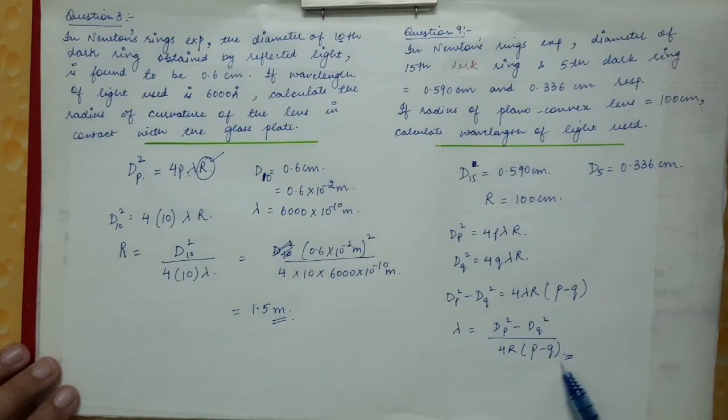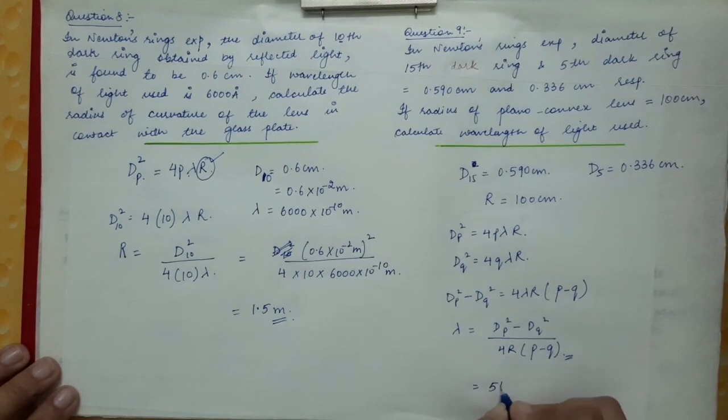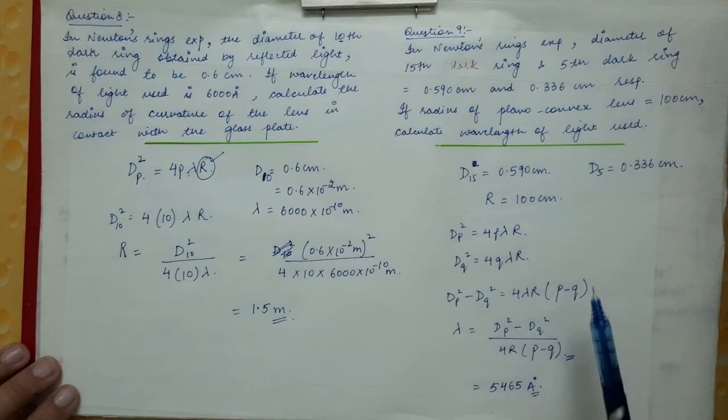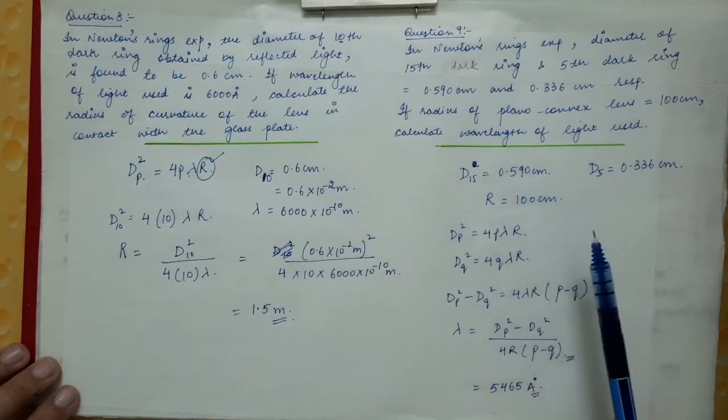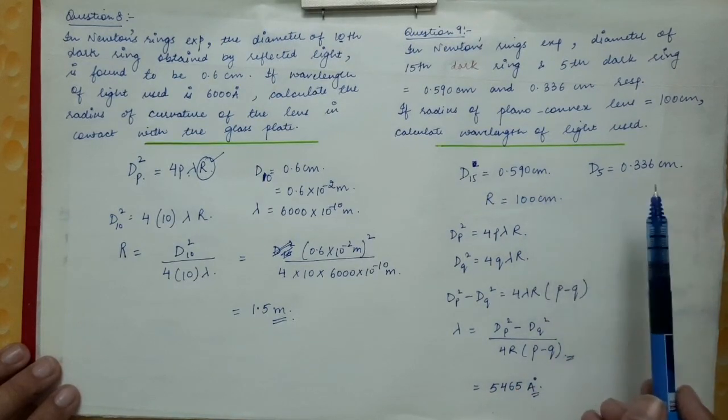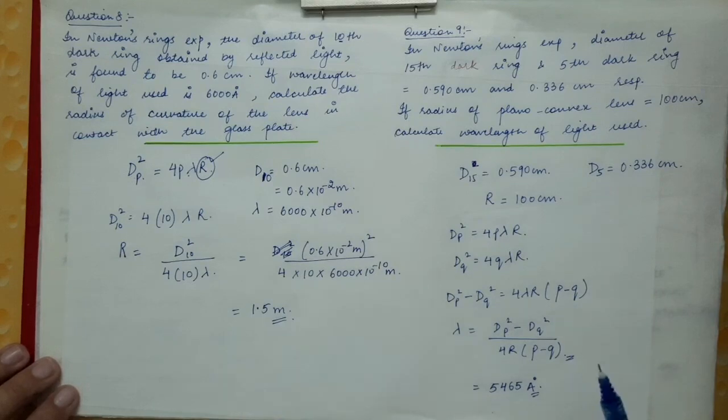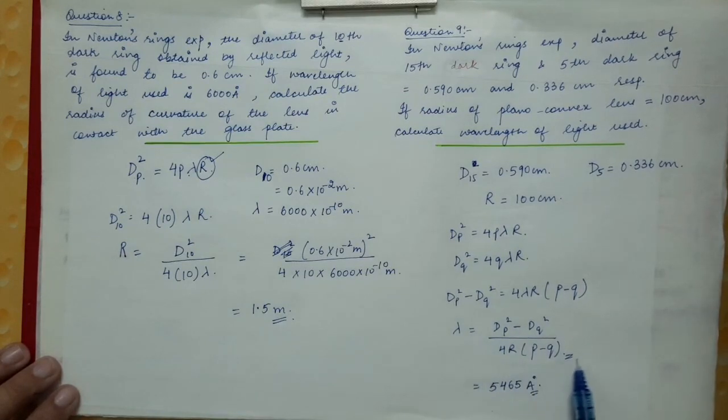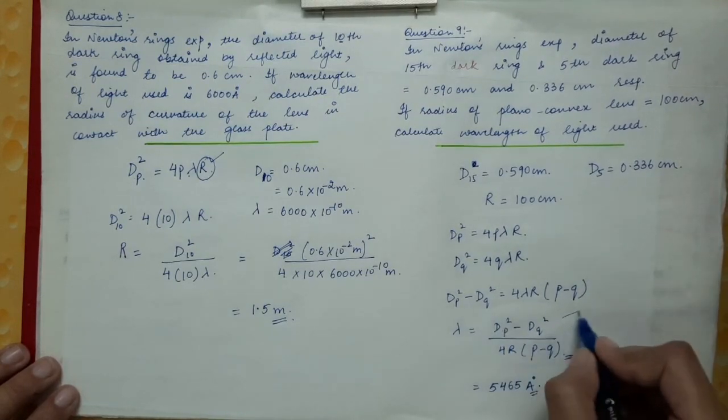On putting all these values, you will evaluate the wavelength, and it will come out to be equal to 5465 angstrom. So this is your homework. You have to put all the values, and keep in mind you have to convert every unit into SI units. So λ will come out to be equal to 5465 angstrom. This is your homework. You have to put all the values and evaluate the value of λ.